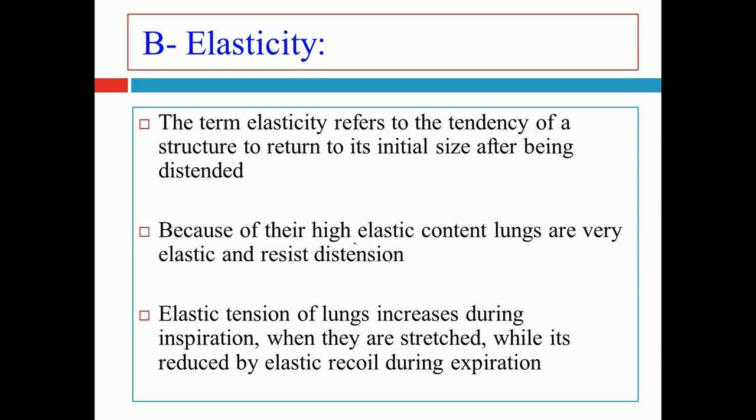Once the air leaves, the lungs will come back to their original size. That phenomenon is called elasticity. Because of their high elastic content, lungs are very elastic and resist distension. So elastic tension of lungs increases during inspiration when they are stretched, while it is reduced by elastic recoil during expiration.